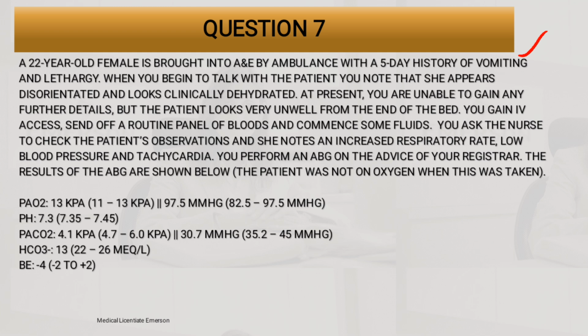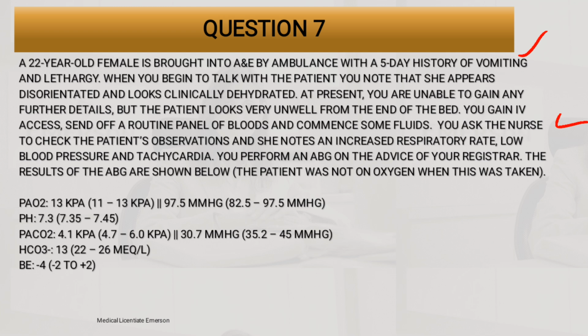Then from the end of the bed, you gain IV access and send off a routine panel of bloods and commence some fluids. And you ask the nurse to check the patient's observations, and she notes an increased respiratory rate, low blood pressure, and tachycardia.